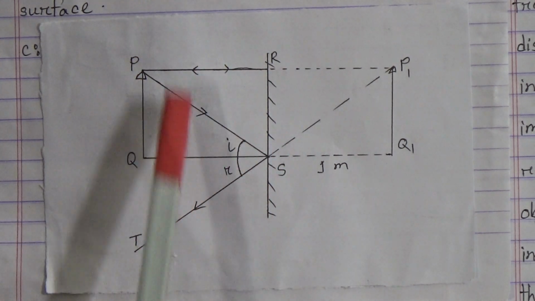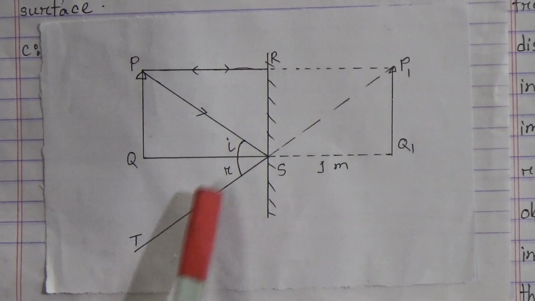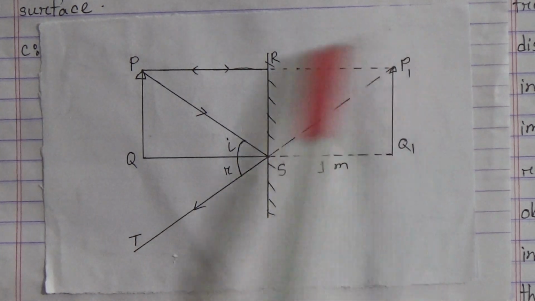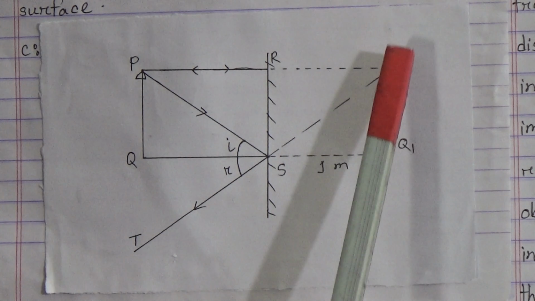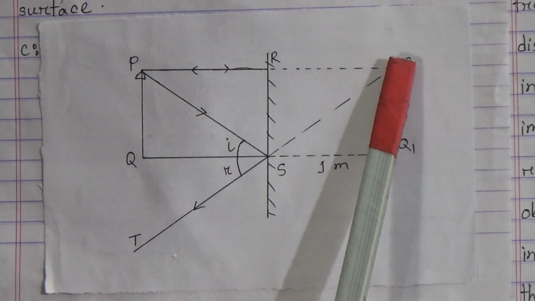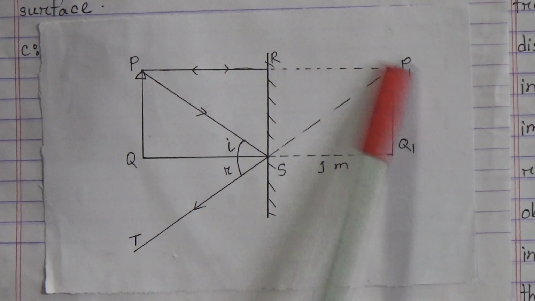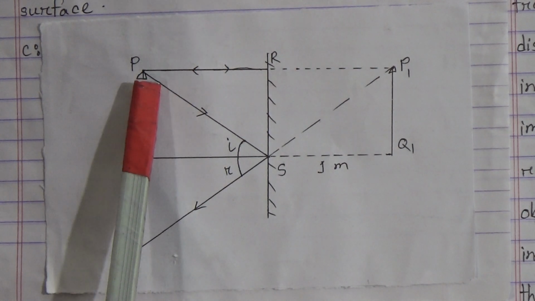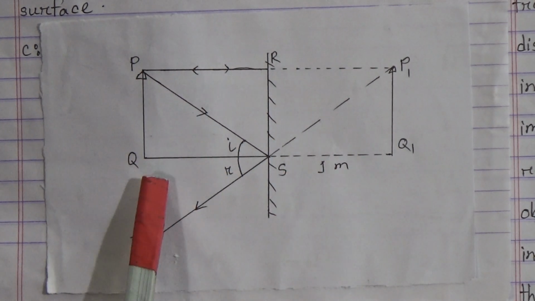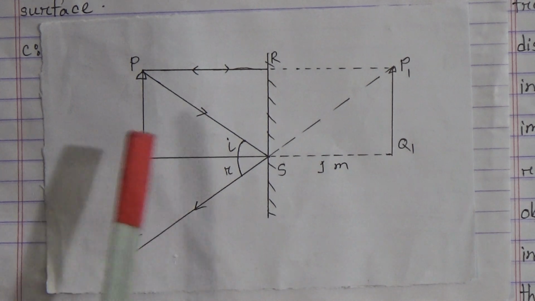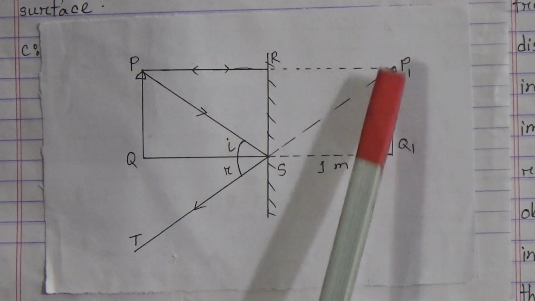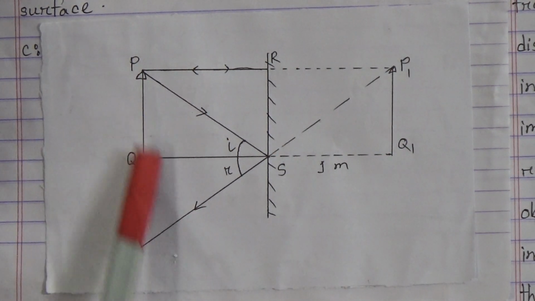Okay, then these two reflections, if we elongate these lines, will meet at point P1. So P1 is the image of object point P and Q1 is the image of point Q. So P1Q1 is the image of the object PQ.